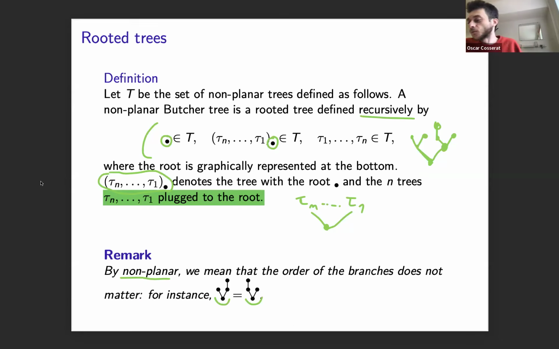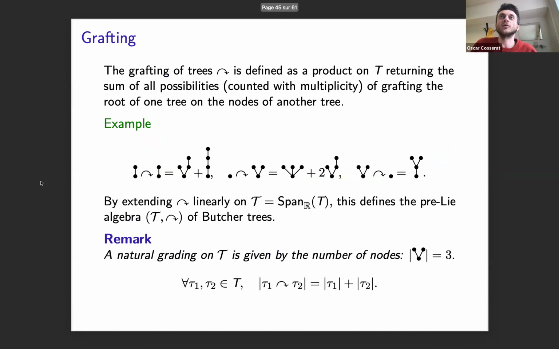So those are rooted trees, and now we will use them to describe the Taylor series of the Hamilton-Jacobi equation. So we will construct the Taylor series of the solution of the Hamilton-Jacobi equation by some recursion operation. And this recursion is based on grafting.